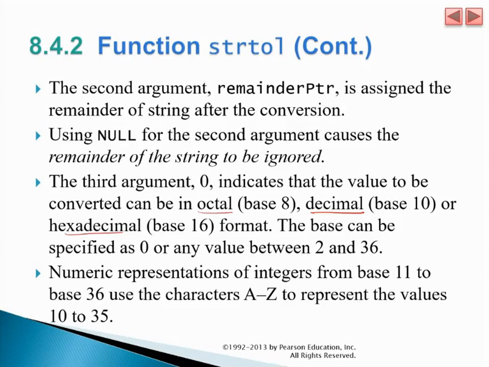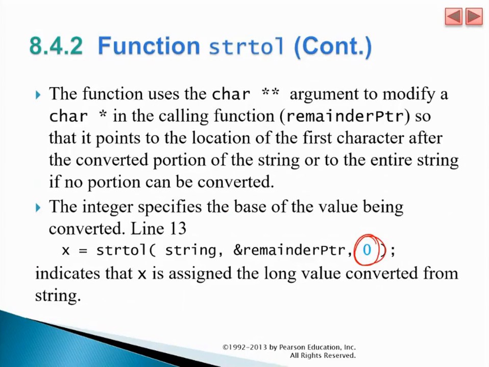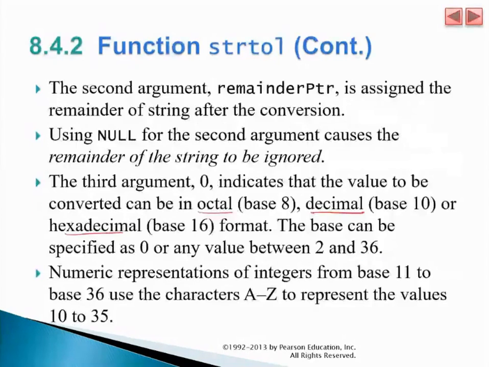If we write 0, then we are saying that the value to be converted is in octal, decimal or hexadecimal, because 0 is a part of all these three formats. You can also specify any particular base that you want, from 2 to 36 actually. These are the possible bases.